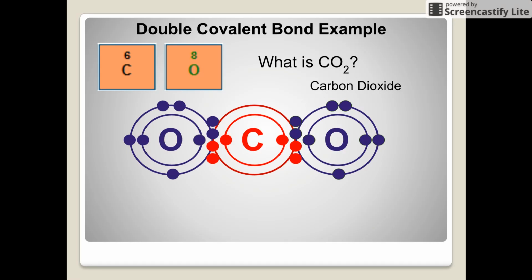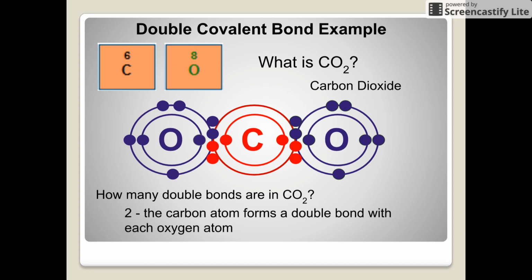All of these atoms are happy because now they have 8 electrons in their outer shell. You can go ahead and count them up. If you don't believe me, there are 8 in the outer shell. So they are happy. How many double bonds are in CO2? The answer would be 2. The carbon atom forms a double bond with each oxygen atom.